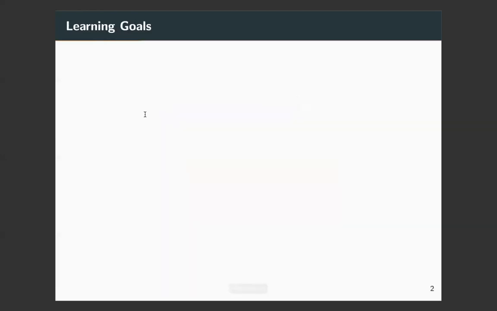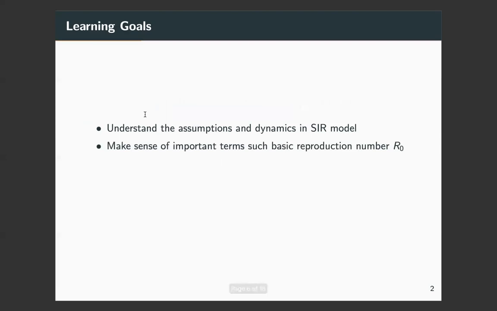And there are four learning goals in this video. The first one is to understand the assumptions and dynamics in the SIR model. Secondly, we would like to make sense of an important term called the basic reproduction number R0.